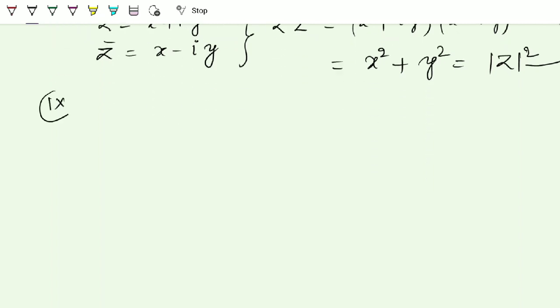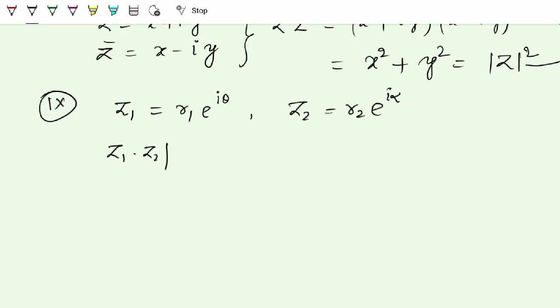Next property will be in polar form. Let us consider two complex numbers z1 equal to r1 e to the power iota theta and z2 equal to r2 e to the power iota alpha. Their multiplication, z1 z2, will be equal to r1 r2 multiplied by e to the power iota (theta plus alpha).